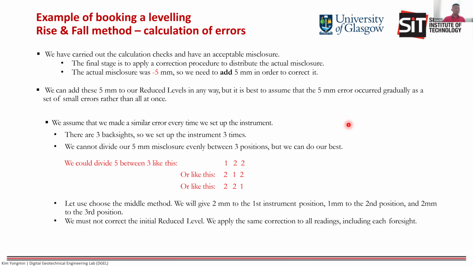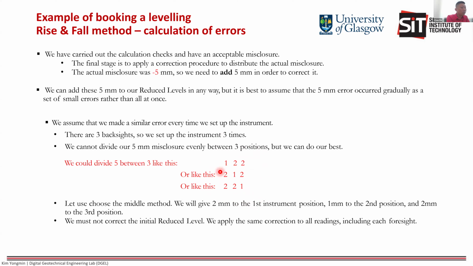So in this case, we can adjust either 2 mm or 1 mm on each point. There are 3 different combinations to distribute this 5 mm among the 3 positions.